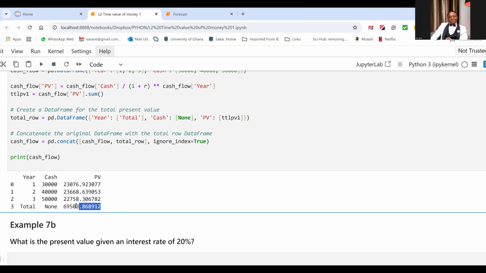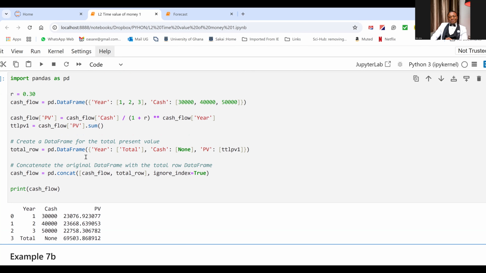Then this one is 69. Oh, is it 69? Yes, we didn't round the answer. Okay, hold on, let me be sure.